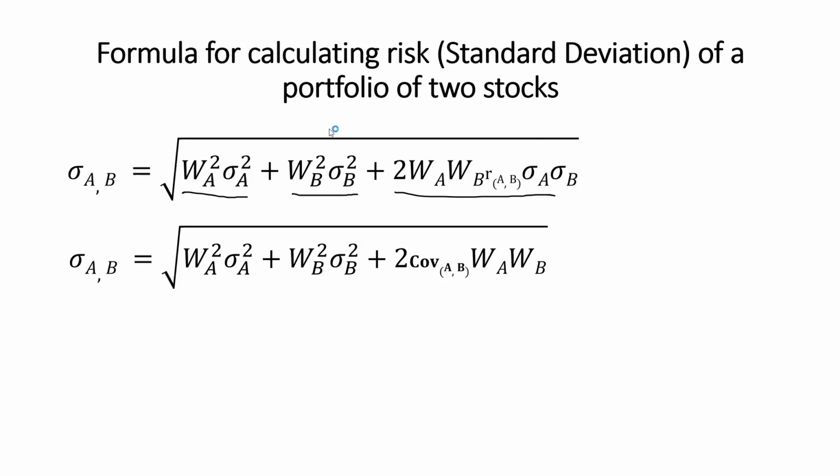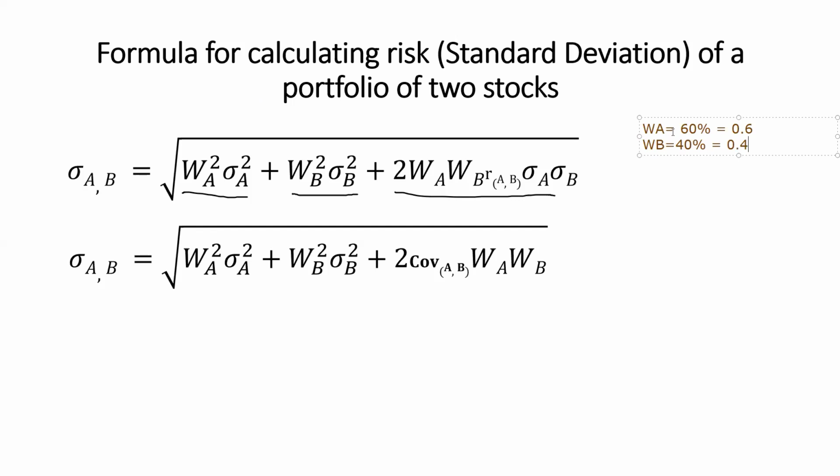Let us say the weightage of A is 60% and the weightage of B is 40%. So weightage of A is 60%, which means 0.6, and weightage of B is 40%, that is 0.4. We take weightage of A squared, that is 0.6 squared, into the standard deviation of A squared.